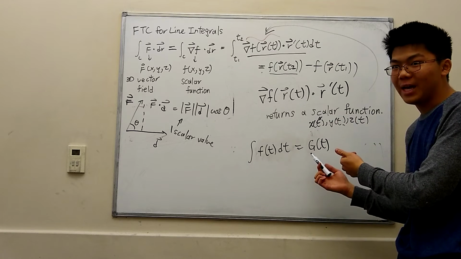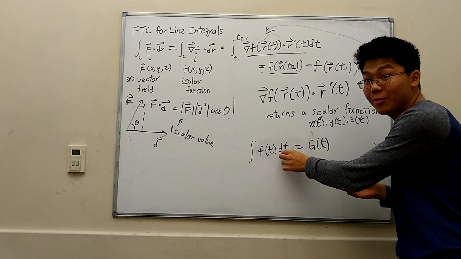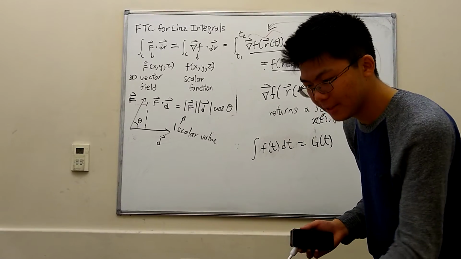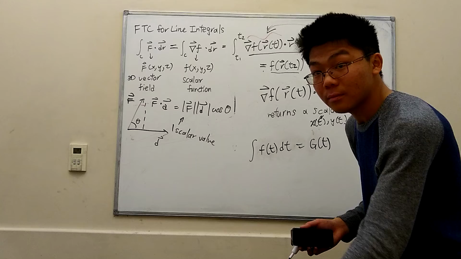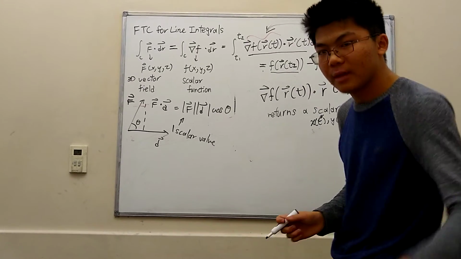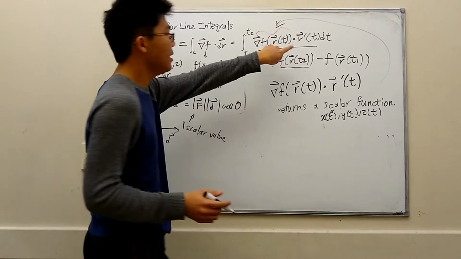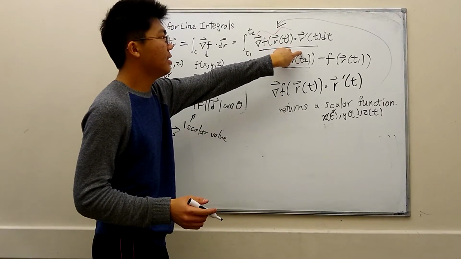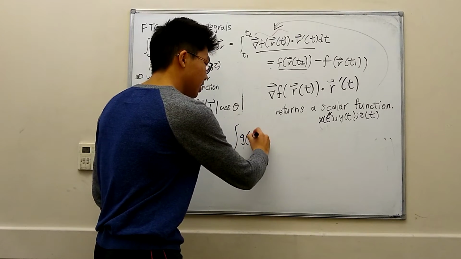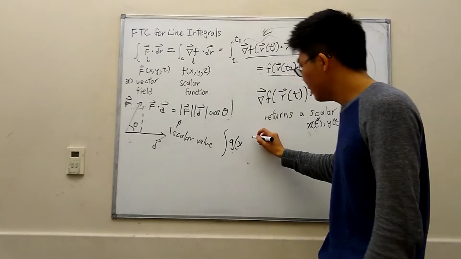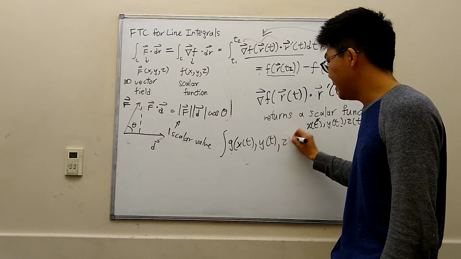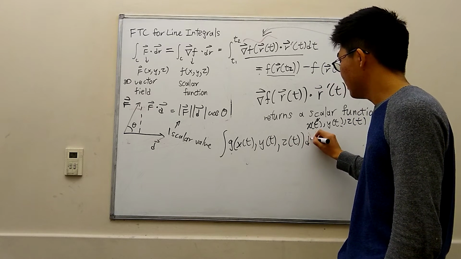This just goes back to Math 1b. So we're just integrating with respect to one variable. Now, in this case, when we take the dot product, let's say we end up with a new function, little g of x of t, y of t, and z of t dt.